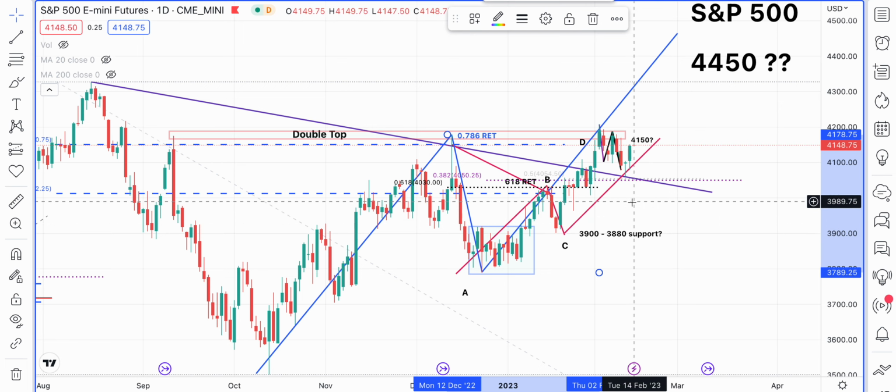And what the market did on the 10th of February, which is last Friday, it came very close, in about a 10 point range of the 38.2% Fibonacci retracement, and it formed a doji candle in which there was a fight between the bulls and the bears.